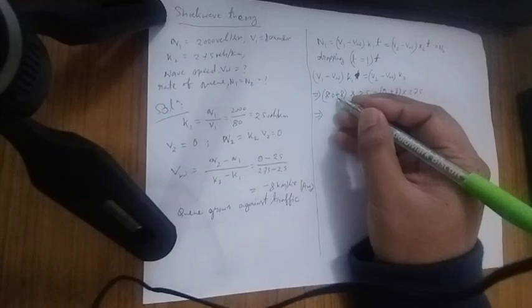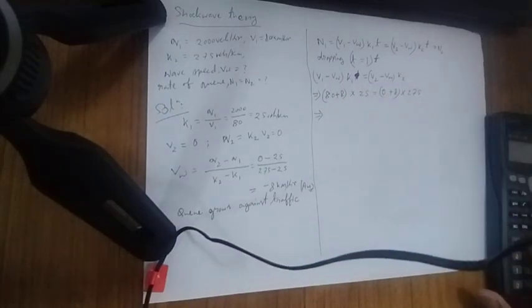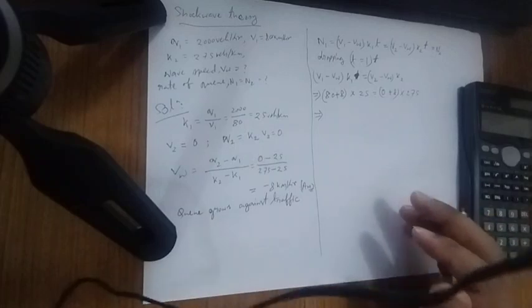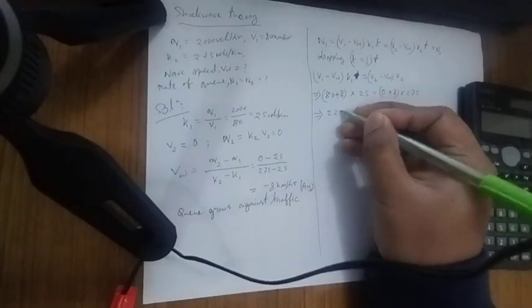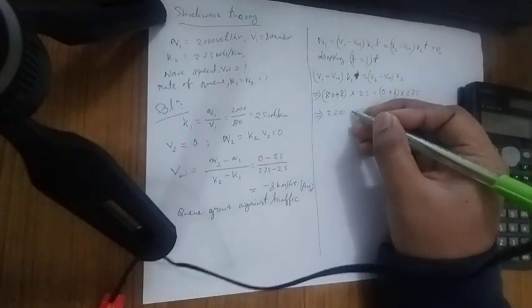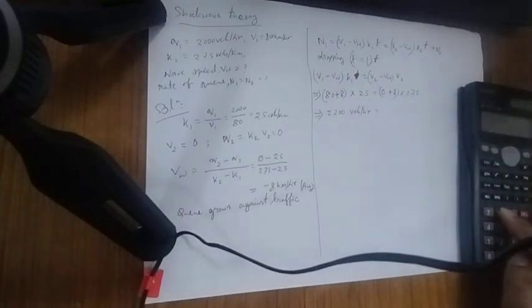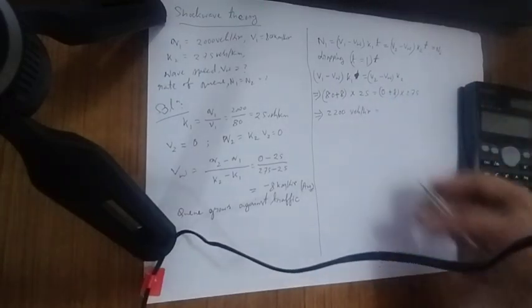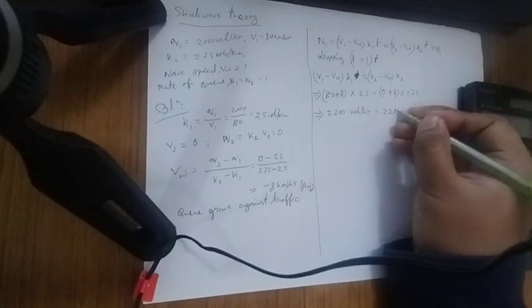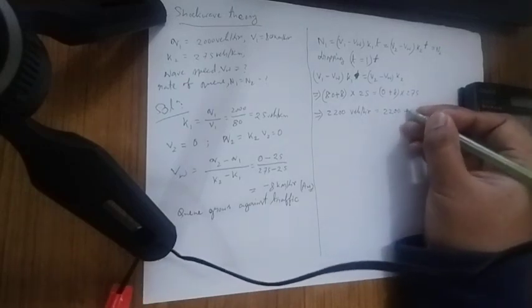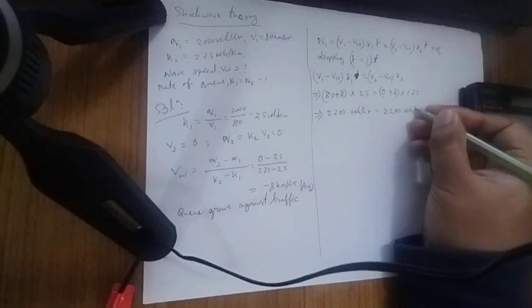So calculating this, we get 88 multiplied by 25, that is 2200 vehicles per hour for N1. Similarly, 8 multiplied by 275 will give us 2200 vehicles per hour.